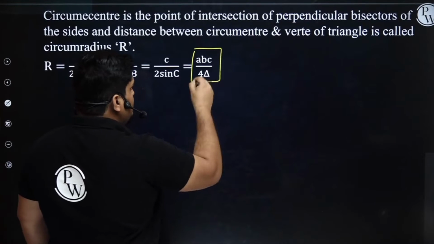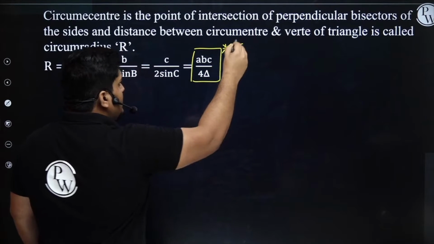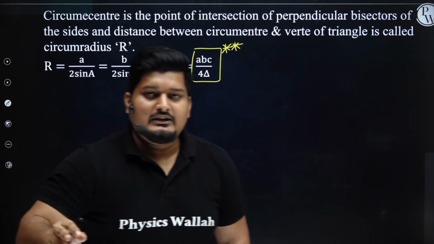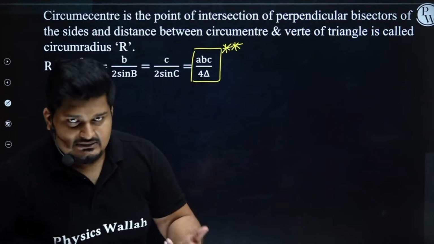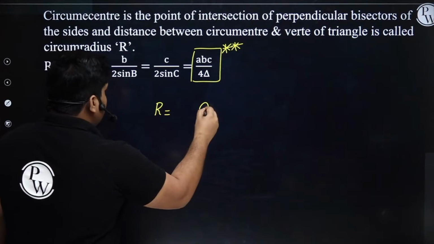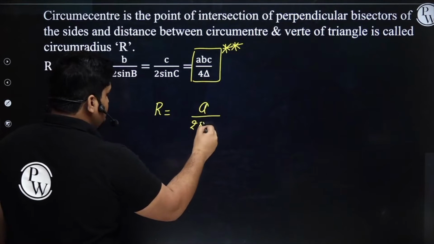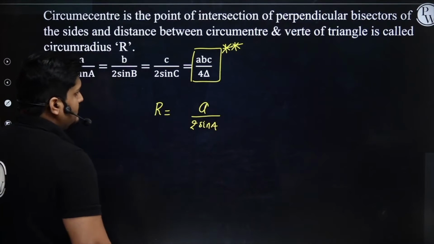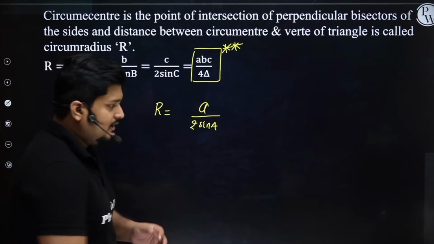Now this is also very, very important. Remembering the circumradius in terms of delta is very important. And how do we get this? That is easy to derive. We have written that R is equal to A upon 2 sine A. What is delta?